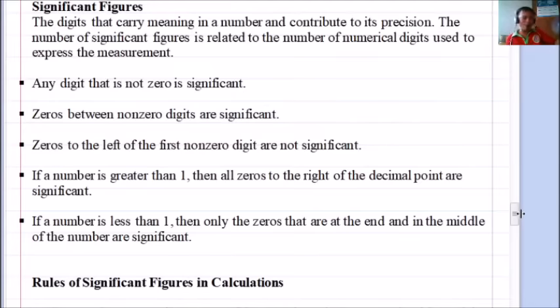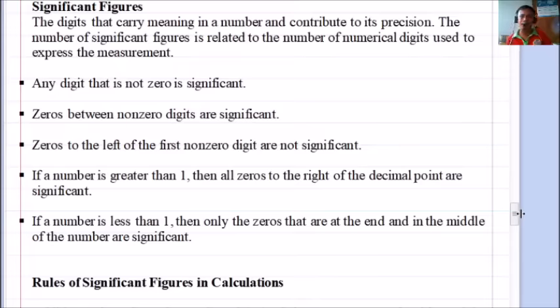Kung halimbawa po magkakalapit naman po yan, definitely ay meron silang parang guide number, na kung saan doon malalaman kung significant pa yung mga iba pang mga numbers. So, kino-consider natin dito yung precision. Pag sabi kasi natin precise, yung pagkakalapit-lapit ng mga values doon sa totoong value, di ba? Pag sinabi natin precise.